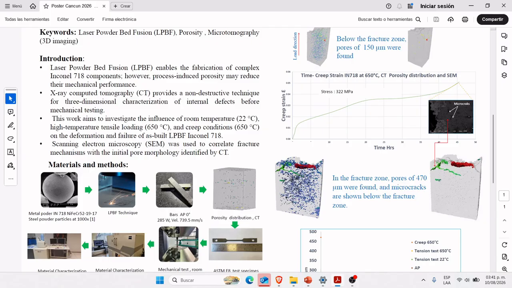In the fracture zones, pores of 470 micrometers were found, and microcracks are shown below the fracture zones. The porosity distribution and SEM imaging are added to the mechanical curves.